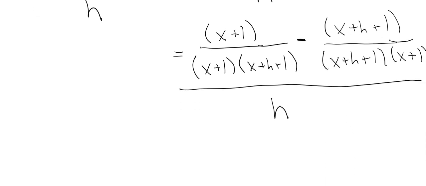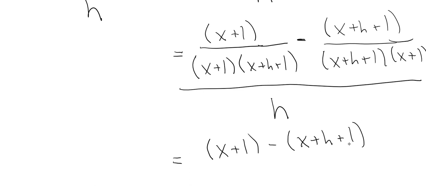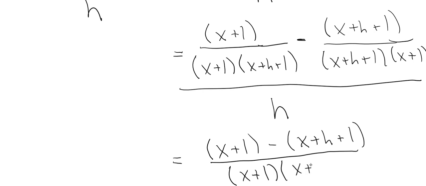Now I know it looks uglier, but the good news is, now that we have a common denominator, we can squish these two things here into 1. So here's our numerator of our numerator. I know that seems strange to say. There's our denominator of our numerator, all divided by h.